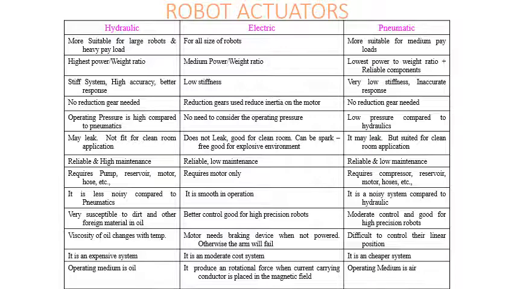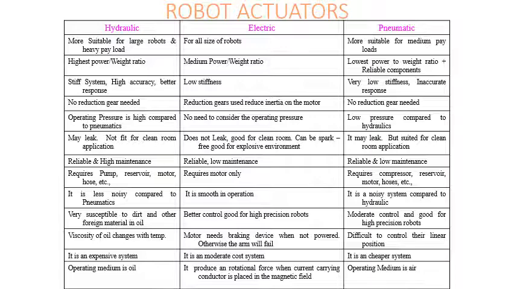In case of pneumatic, the payload should be medium. Then only pneumatic will be opted for. In case of power to weight ratio, hydraulic will have the highest, electric will have medium, and pneumatic will have low power to weight ratio.